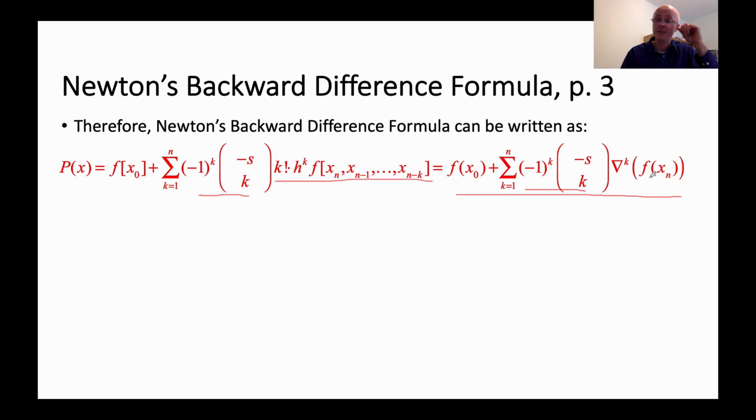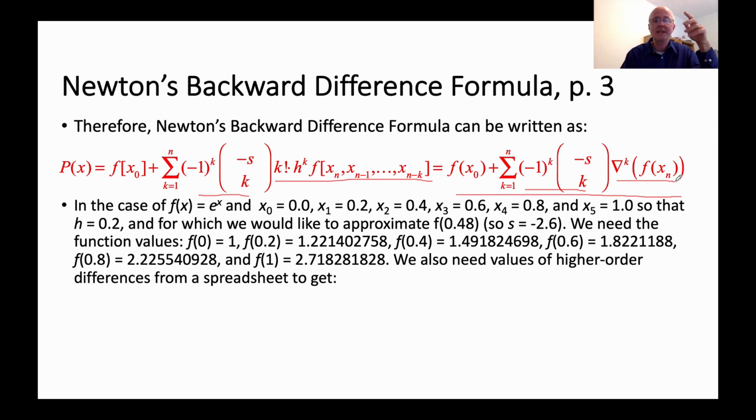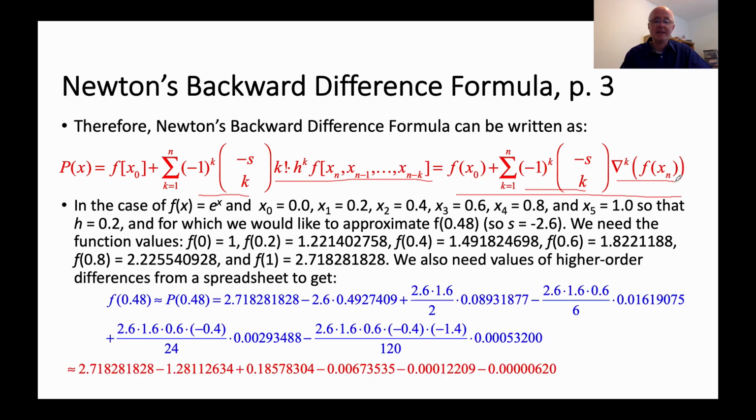It's this whole thing that gets replaced by nabla to the k power of f of xn. Once again, we can apply it to our example, and this is going to be the last thing that we do. Okay, so hang with me here. And get these numbers and get the same final approximation.